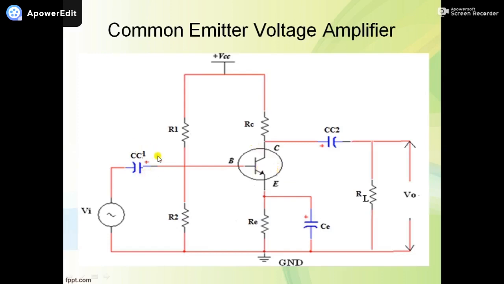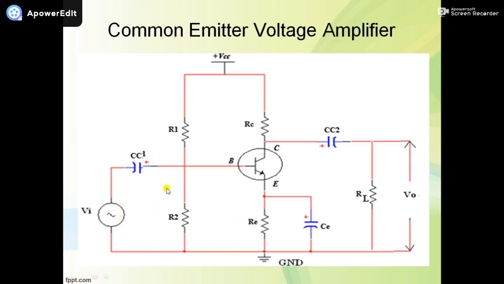Then the third point is the coupling capacitors. These coupling capacitors are used to block the unwanted signals. Here the unwanted signals are DC signals, because the supply voltages are used for the two PN junctions.